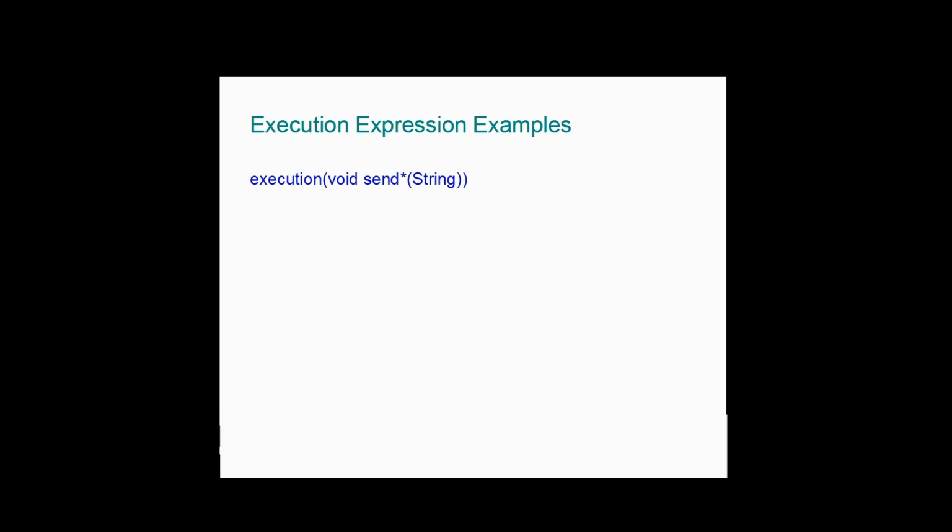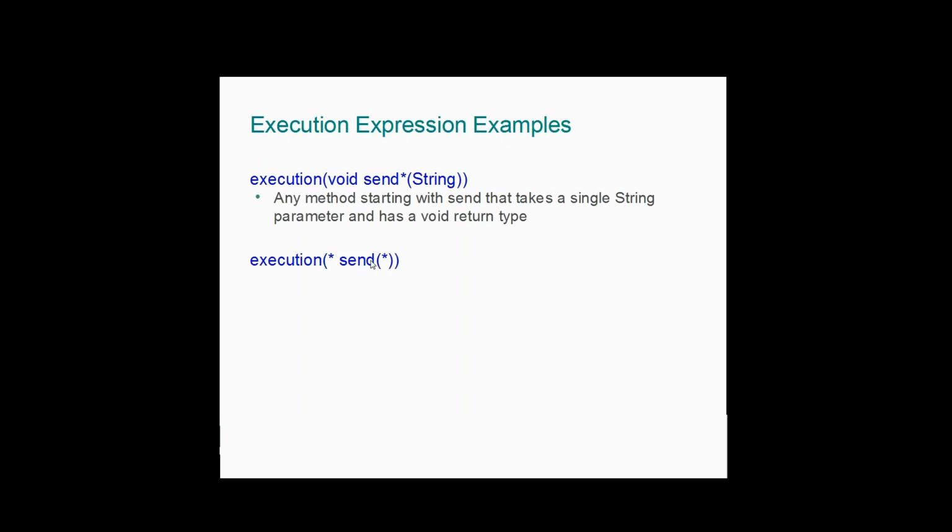This aspect will be executed on all methods starting with send and taking a string parameter and returning nothing. Okay, good. It takes in all the packages in your application, all the classes, any class which has a method starting with send, takes a string as a parameter and returns void.